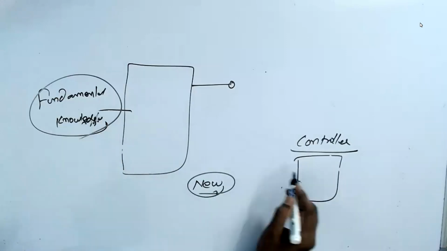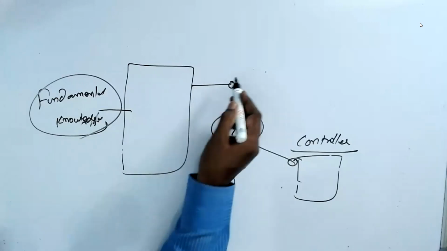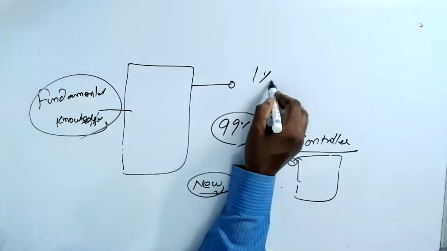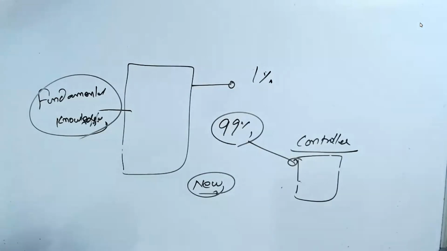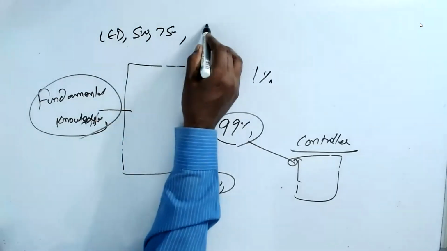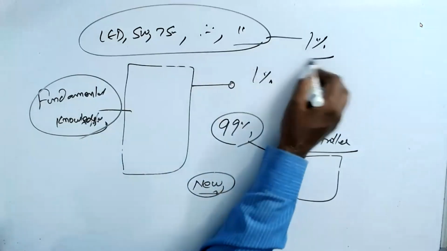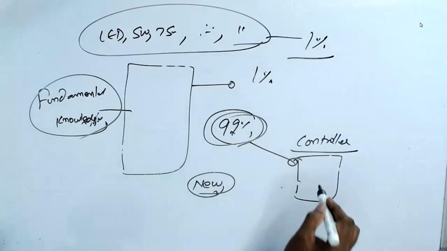Ultimately, 99% of embedded programming is using controllers, not the direct way. That direct way is maybe about 1%, which I discussed with you: all those LED, switch, 7 segment, dot matrix, and keypad, everything. This is only 1%. In your life, you're going to use controllers for 99%.